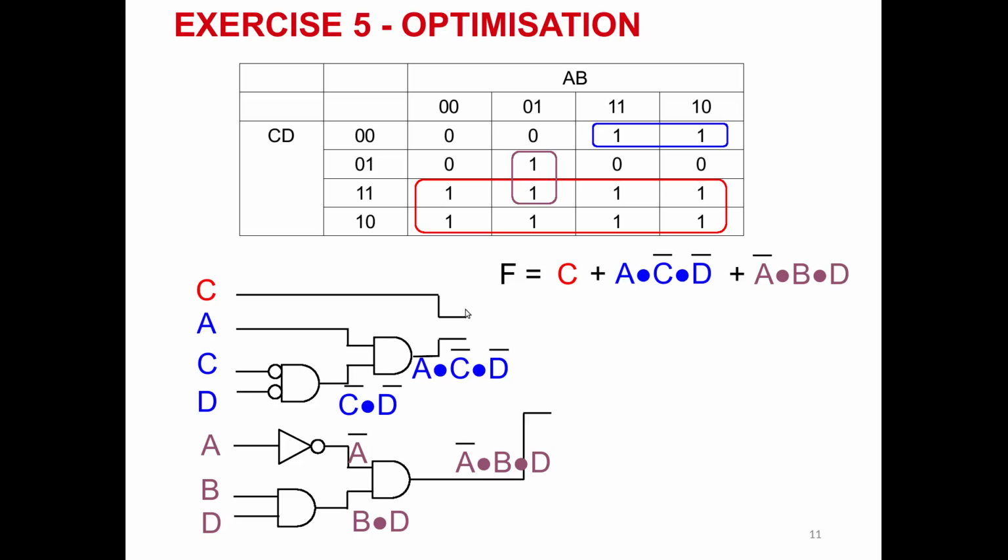So we will add an OR here, and the output here will be C or A and not C and not D, and we make the final OR here together with this to make C or A and not C and not D, all together with not A and B and D of this signal, and the output will be the function F.